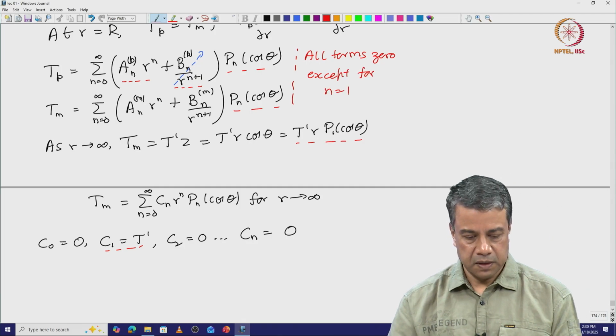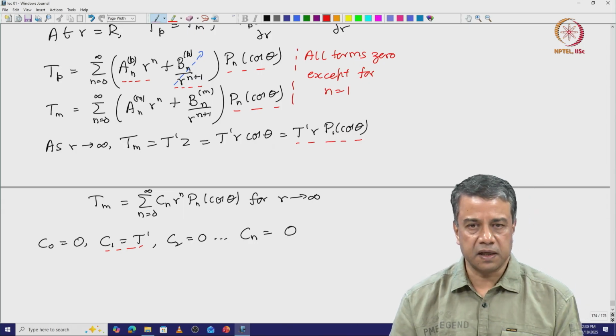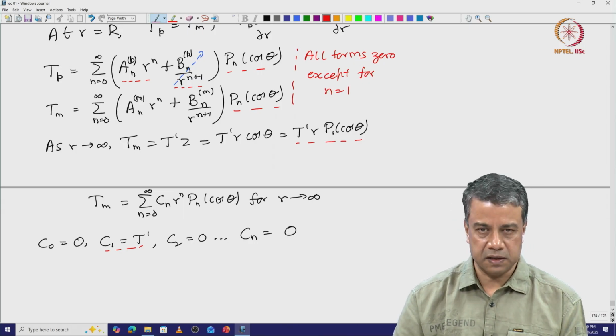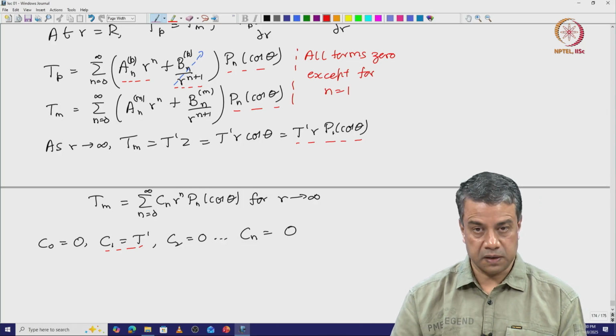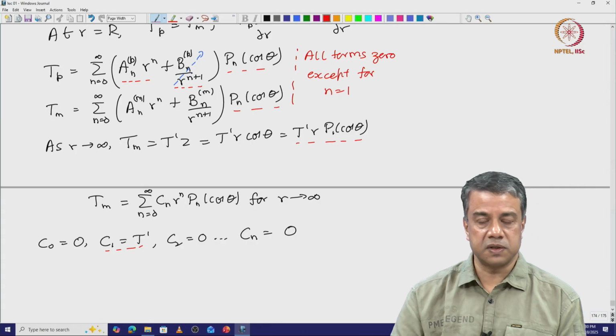So, basically the temperature field I can describe as an expansion, and at each order in n I can solve it individually, because the Legendre polynomials are all orthogonal.